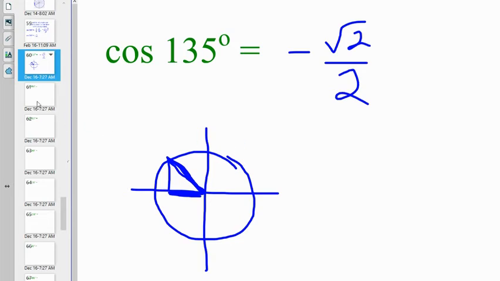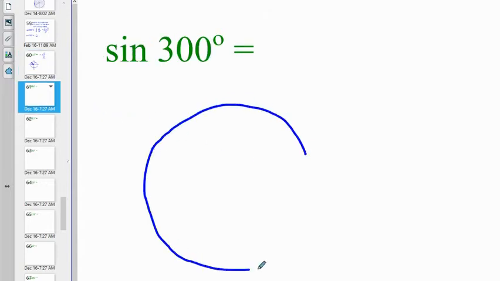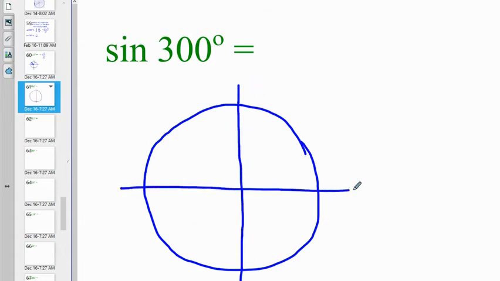All right. And I'm going to go through these quickly. You'll have to go back and rewind if you want to see them repeated, but I also don't want my video to get to be too long. Sine of 300 degrees. First, we figure out where 300 degrees is on my unit circle. 300 degrees would be 60 degrees less than 360.